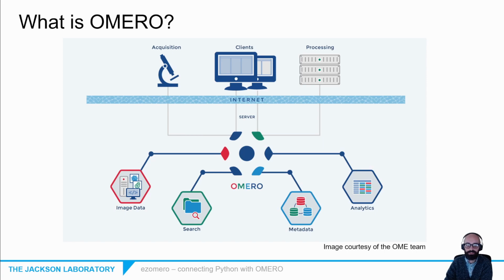It uses a client-server framework, so you have your OMERO server that talks to different kinds of clients through a network. It uses the powerful Bio-Formats library to provide functionality from a secure central repository. It makes it pretty easy to view, organize, analyze, and share your data from wherever you have an internet connection.